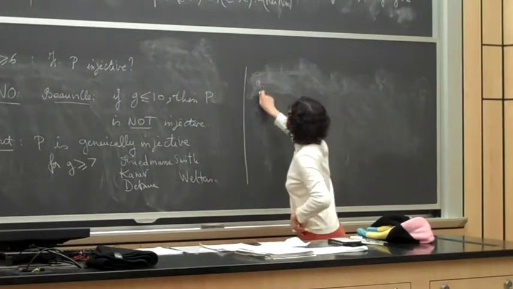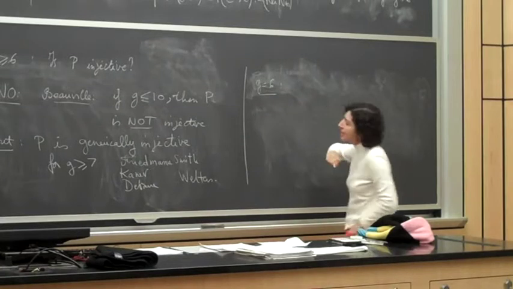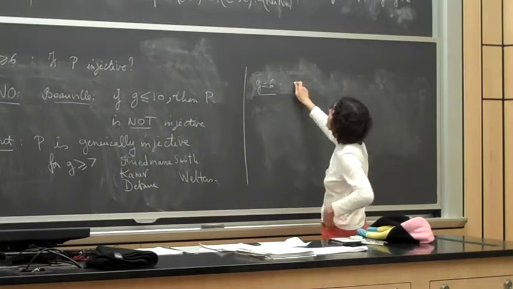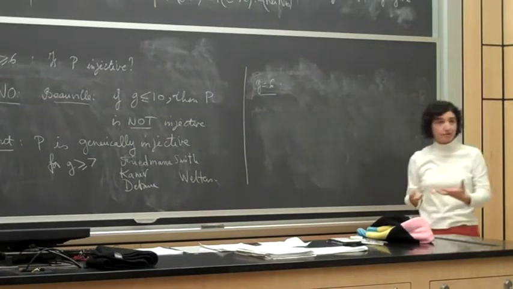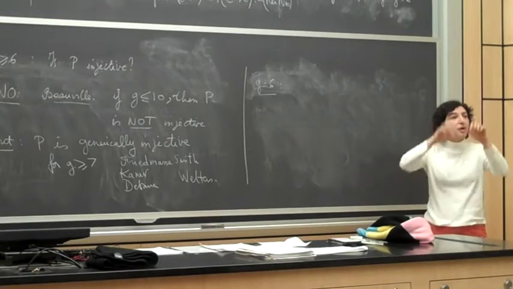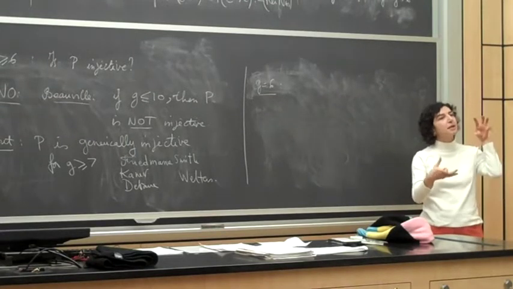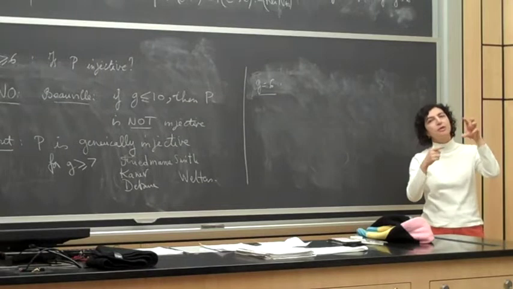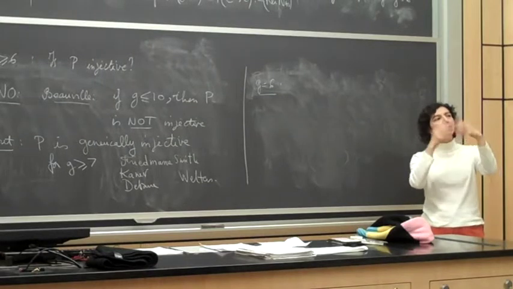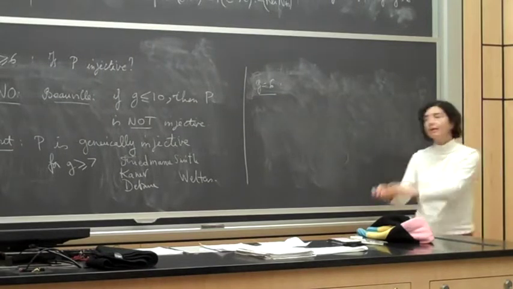If G is equal to 6, that's the missing case. It's not generically injective, but it is what we call generically finite. So again, if you throw away some special curves, then the map has finite fibers, meaning you can only find a finite number of double covers going to the same point. Okay?